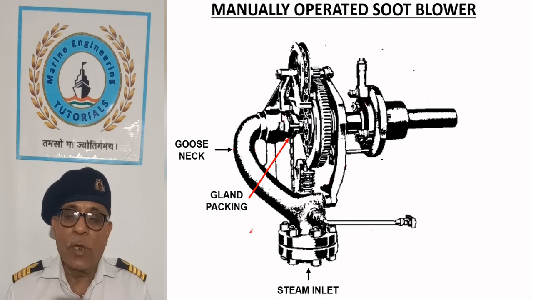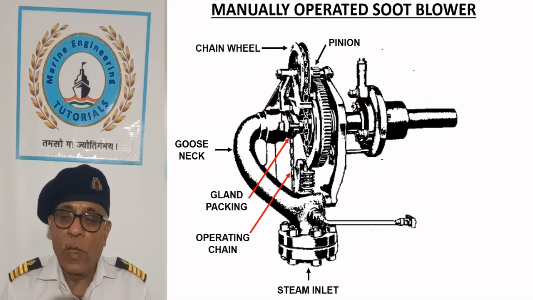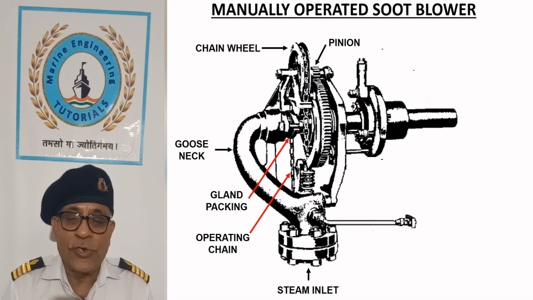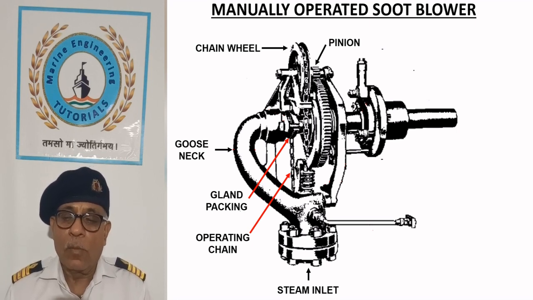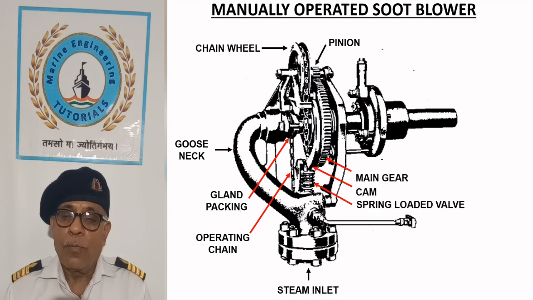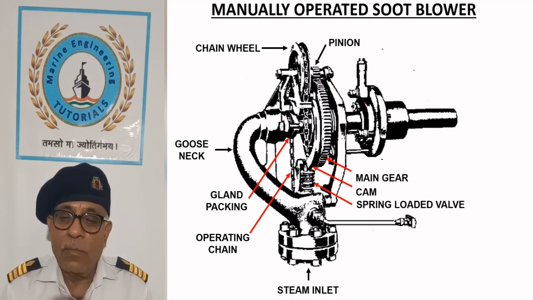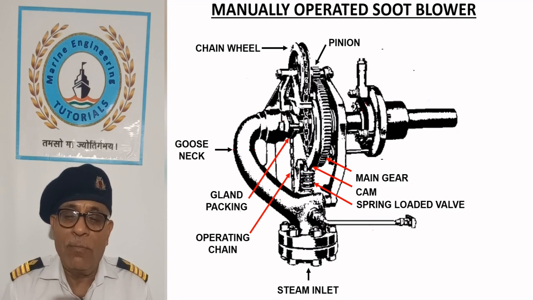Operating mechanism consists of a chain wheel rotated by an endless chain, which drives the pinion. The pinion drives the main gear to which is attached a cam for operating the spring-loaded valve.